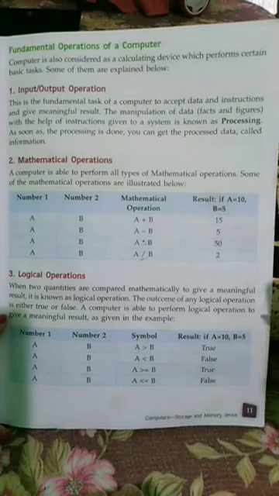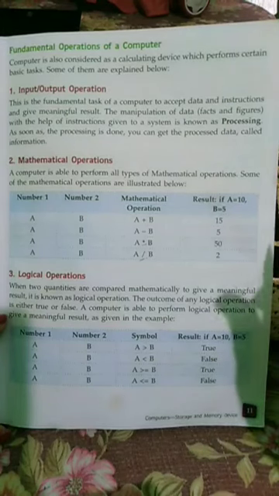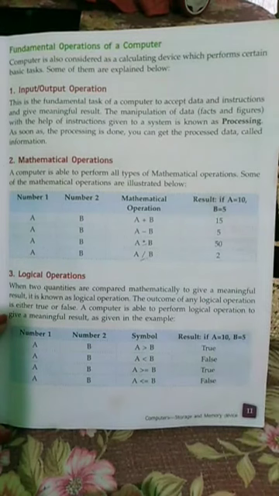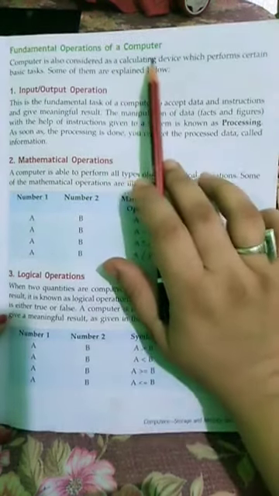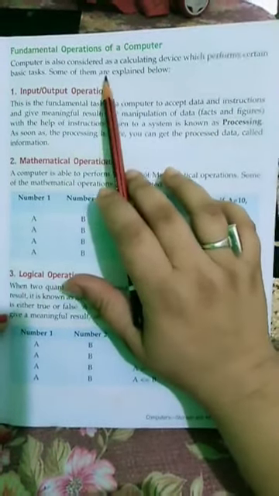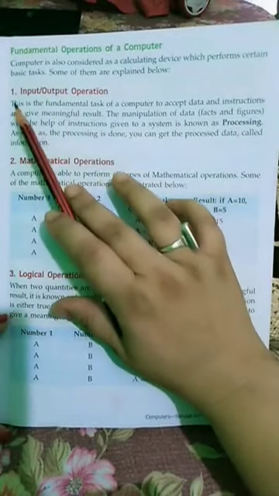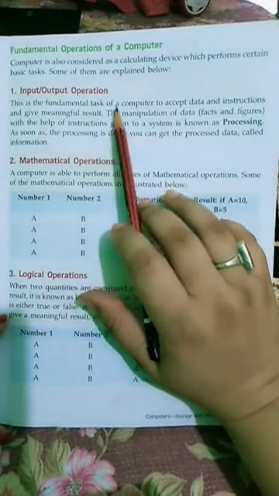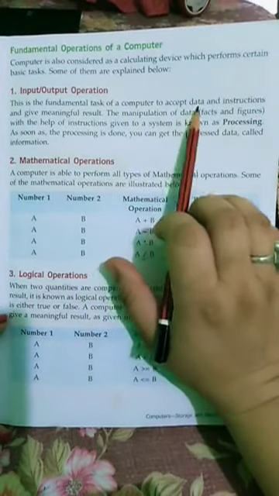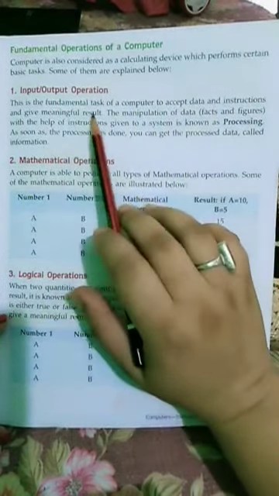Okay children, now let's move on to page number 11 and the topic is fundamental operations of a computer. A computer is also considered a calculating device which performs certain basic tasks. Some of them are explained below. First one is input-output operation. This is the fundamental task of a computer: to take data and instructions and give a meaningful result.